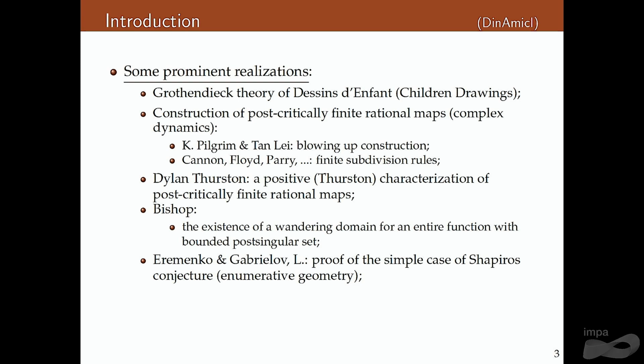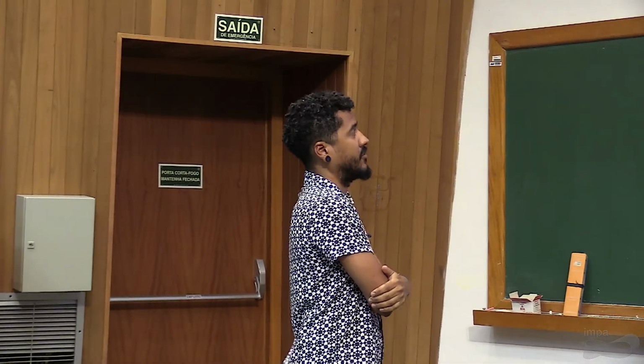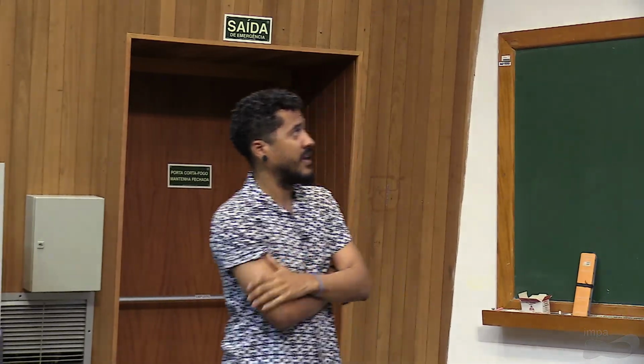Bishop has constructed the first example of a transcendental map, post-critically singular, with wandering domains. Rational functions don't have wandering domains. So this was the first example for that class of dynamical systems.